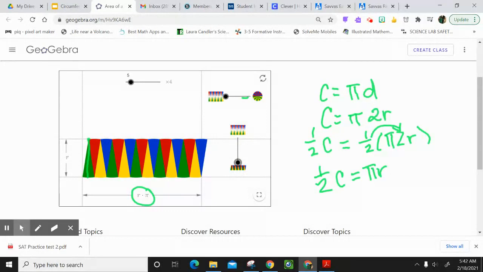And what do I see? I see a parallelogram now, whose height is r and whose base is r times pi.